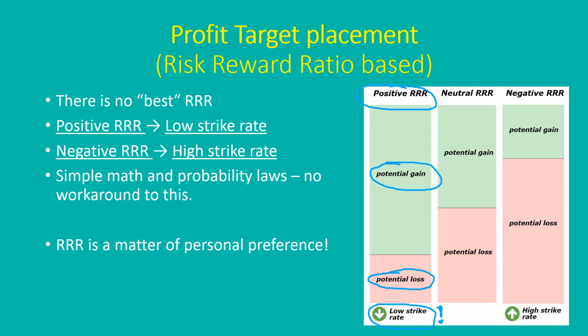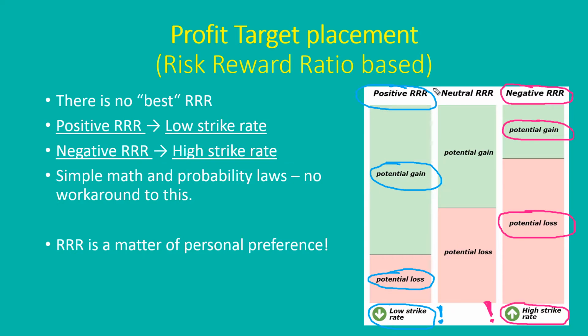If on the other hand, you have a negative risk-reward ratio, you'll be winning a lot less, the potential loss will be great, but you'll be winning very often. So what I'm trying to say is this is just a matter of personal preference. This is what you prefer, either to win often and not win that much, or win less often, but if you manage to take a winner, it will be a huge winner.